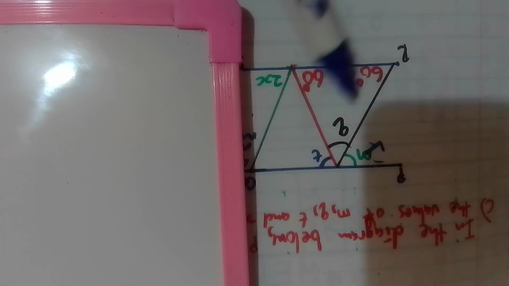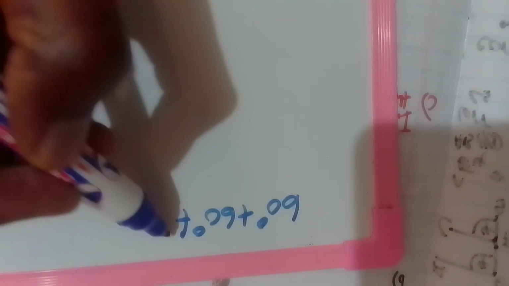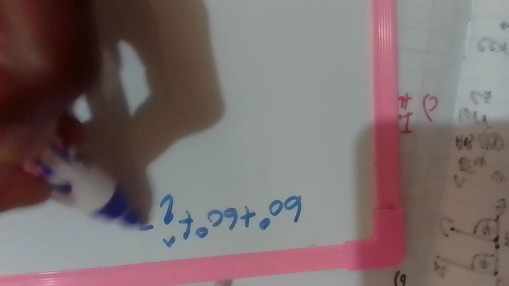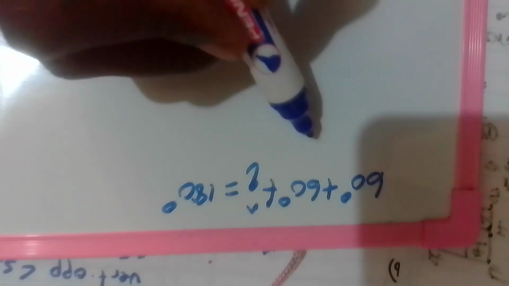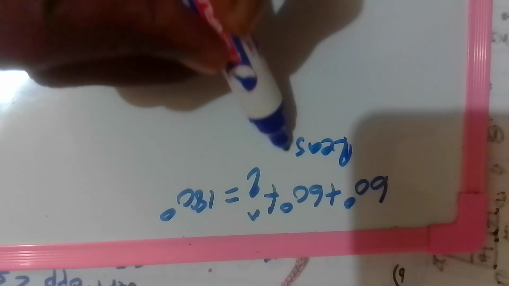What do we have? We've got 60 degrees plus Q plus 60 degrees. So we say 60 degrees plus another 60 degrees plus angle Q are equal to 180 degrees. And our reason is what?